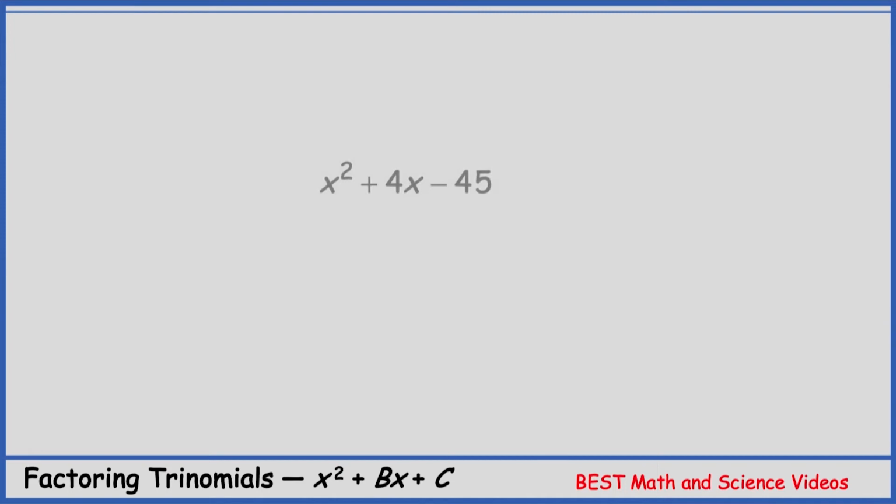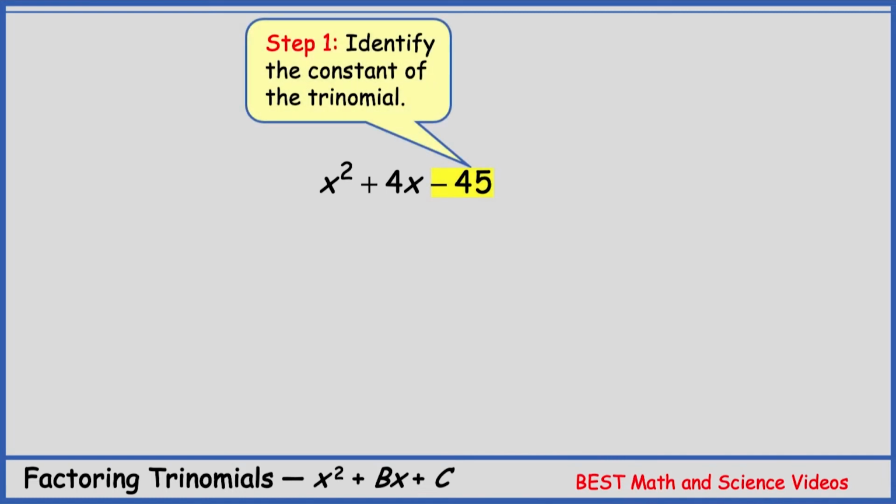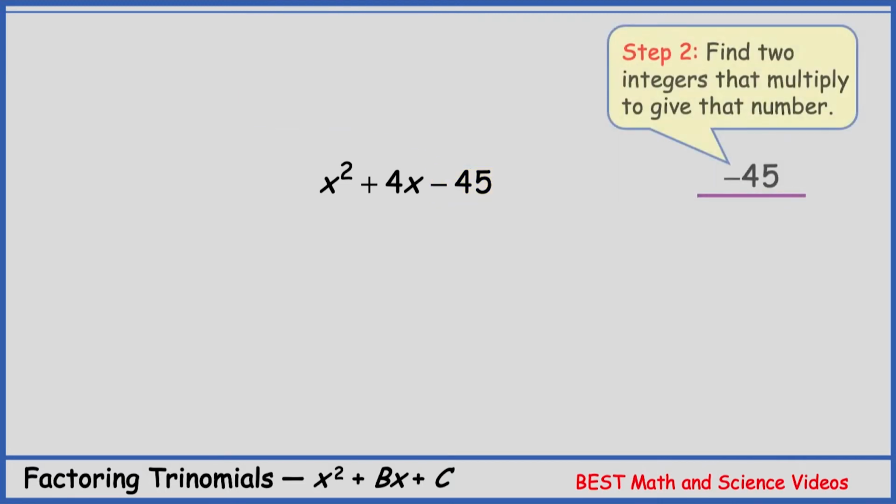How can you factor x squared plus 4x minus 45? Remember to start by identifying the constant of the trinomial, in this case, negative 45. Next, find integers that multiply to give negative 45. To get 45, the pairs are 1 and 45, 3 and 15, 5 and 9.